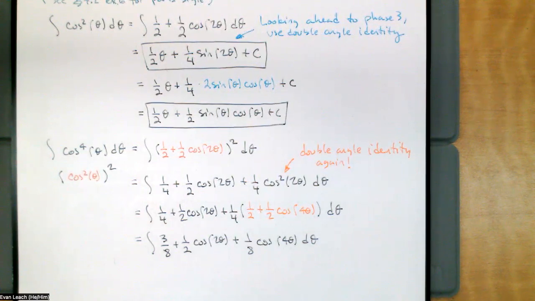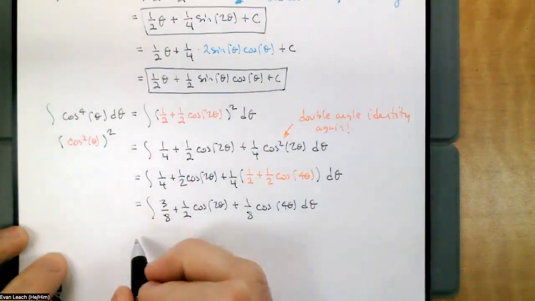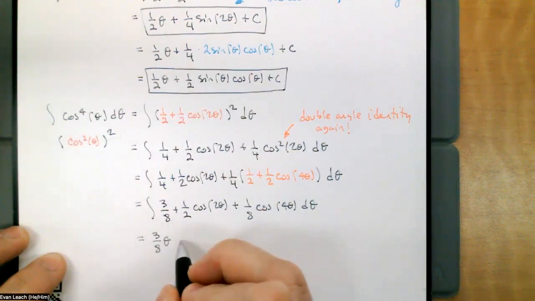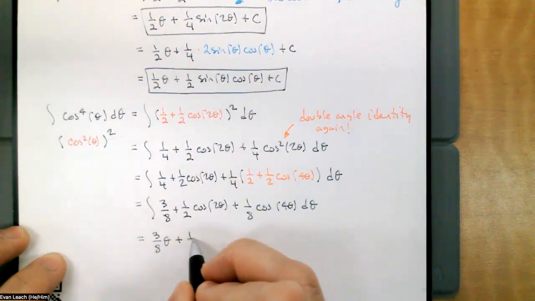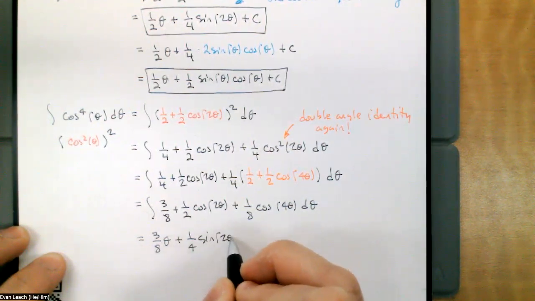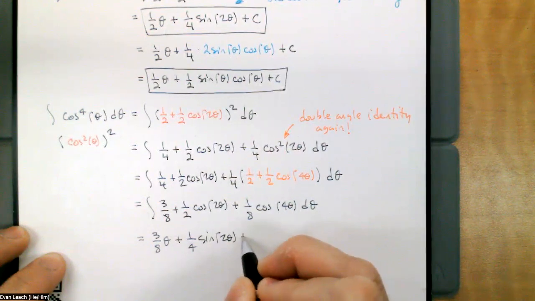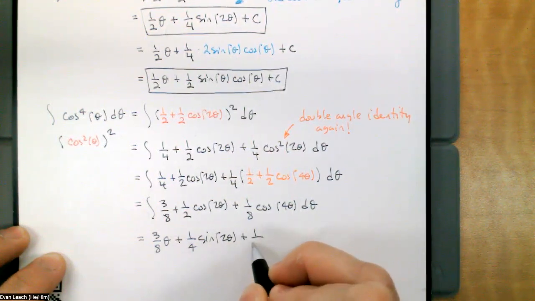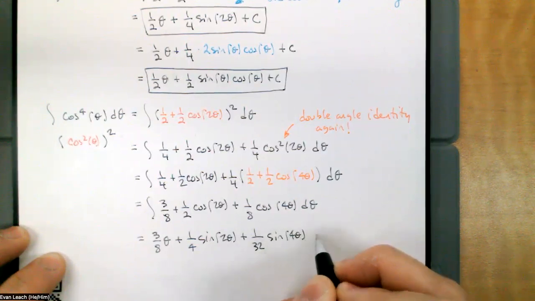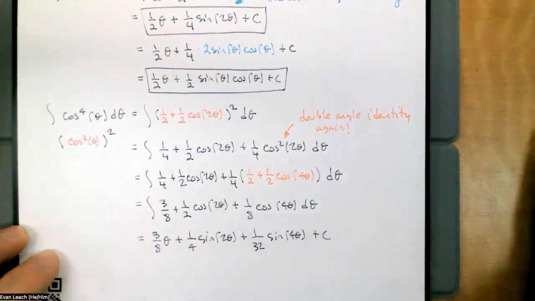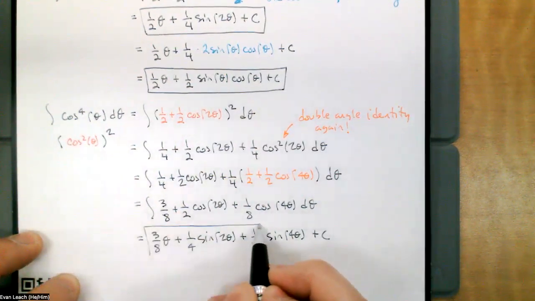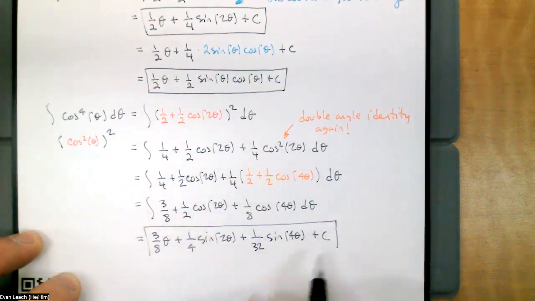Now we can just integrate our 3 terms. And we have our antiderivative in theta.